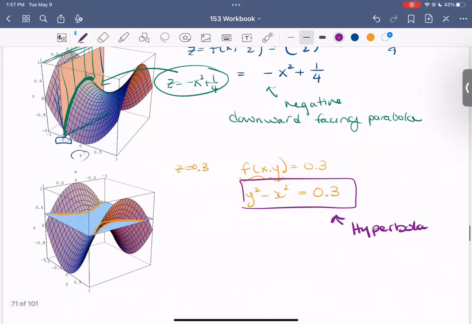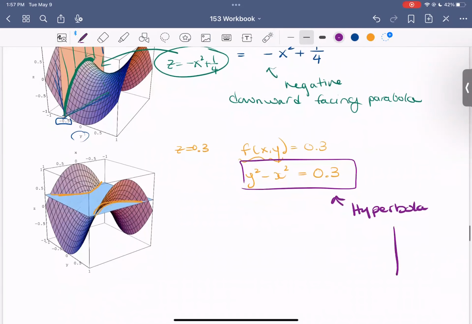And you might have seen it before on an xy axis. It looks something like this. There's two parts here, like that. Or sometimes they're like this, it just depends on the type of hyperbola.